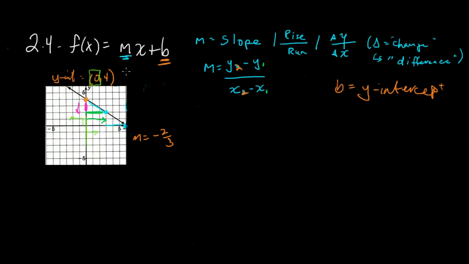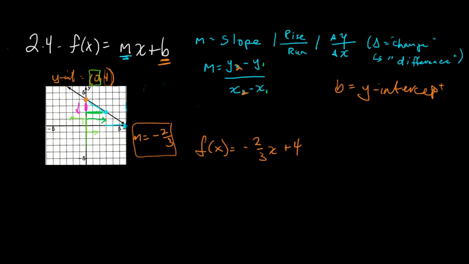I can now write the equation of this line, because remember, I have the slope. Here's the slope right here. And the b is this number here, so that I can say that the equation of this particular line is that f of x is equal to negative 2/3 of x plus 4. And it's a plus 4 because the y-intercept is positive 4.